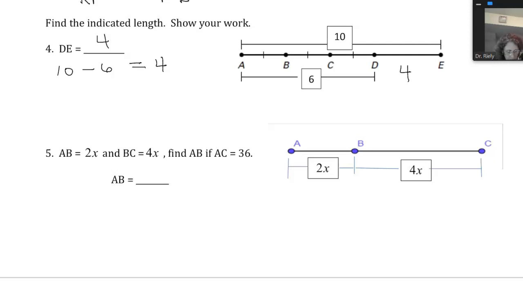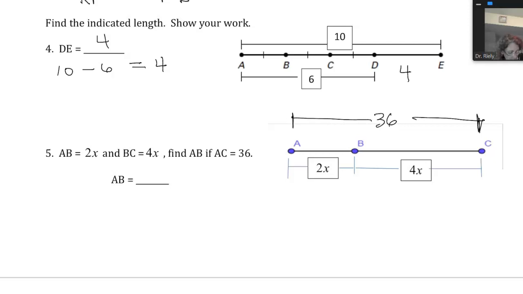Okay, for 5, it says AB is 2x. Okay, I can see that. BC is 4x. I see that. Find AB if AC is 36. Okay, I need to put 36 right here.